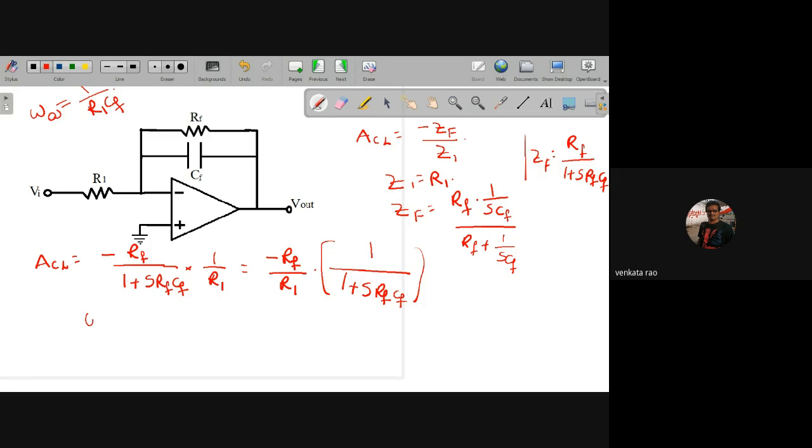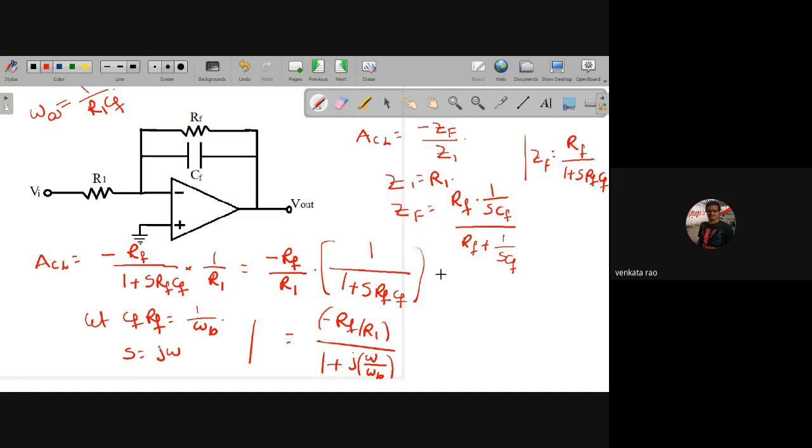Now I am taking let RF CF equal to 1 by omega B, and S is equal to J omega. Now it became minus RF by R1 by 1 plus J into omega by omega B.